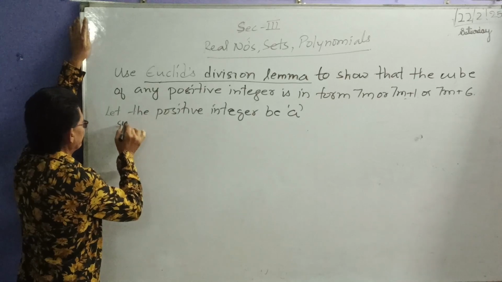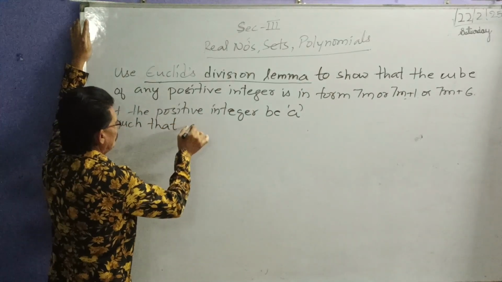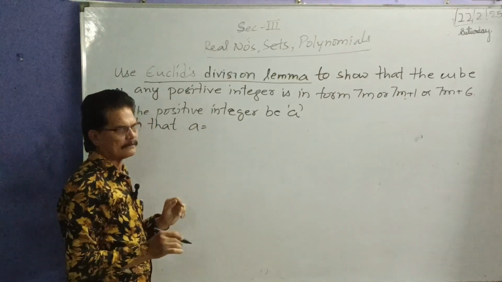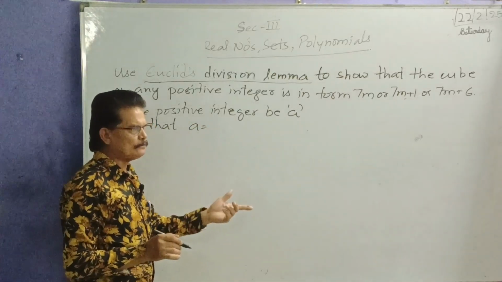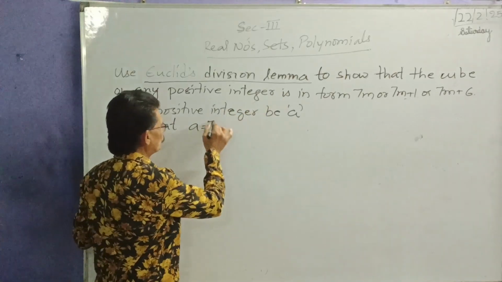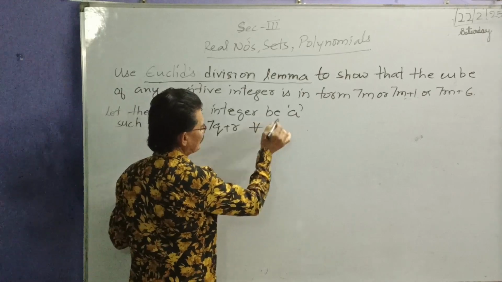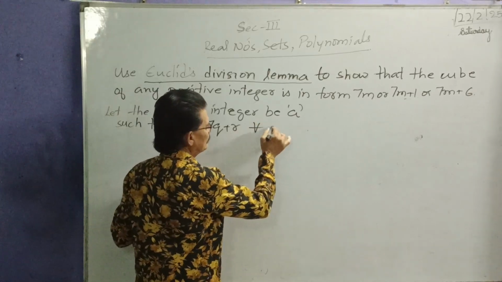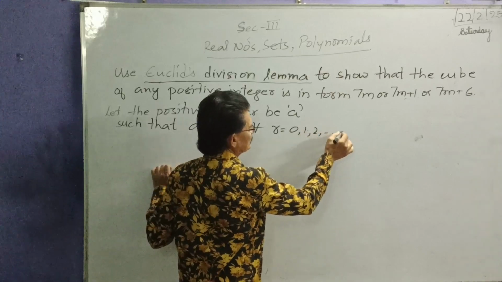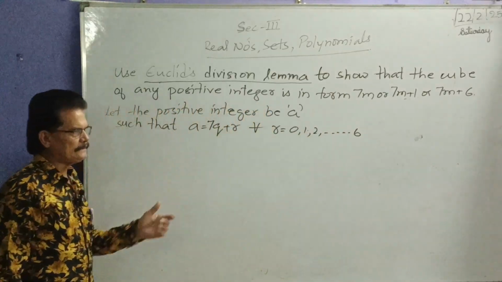Such that a is equal to bq or 7q plus r, such that r is equal to 0, 1, 2, up to 6.